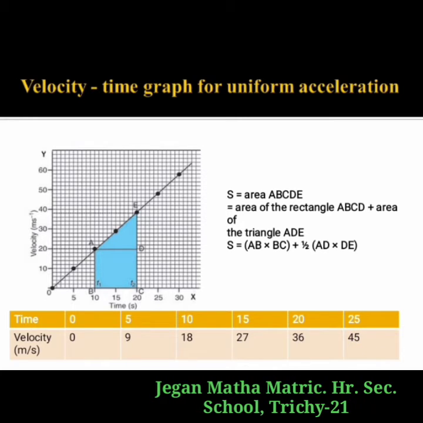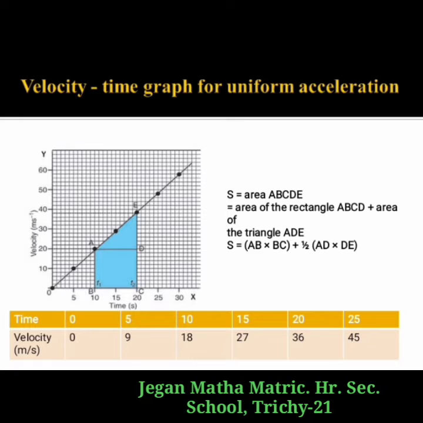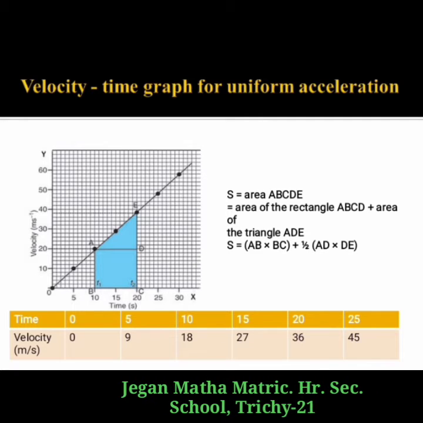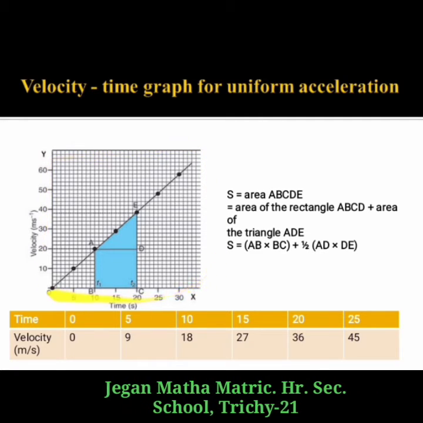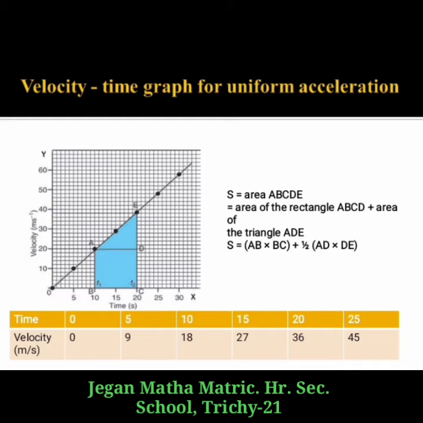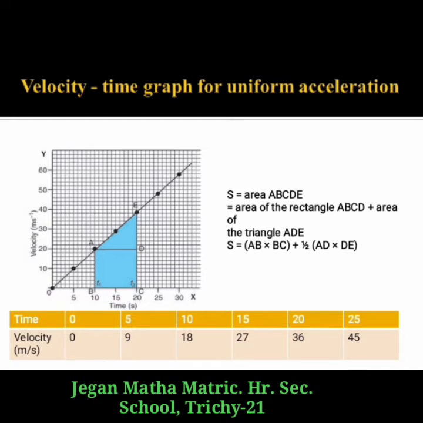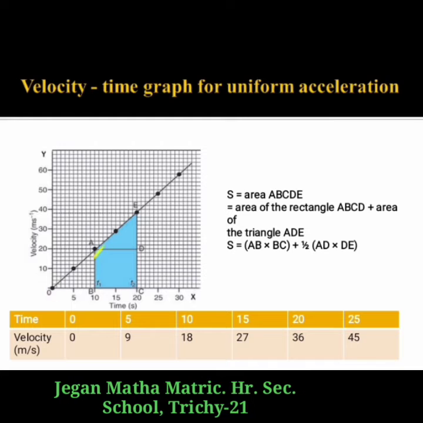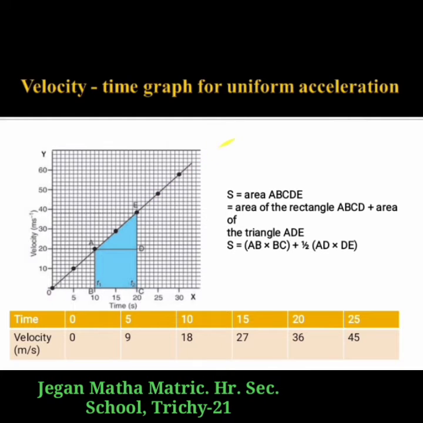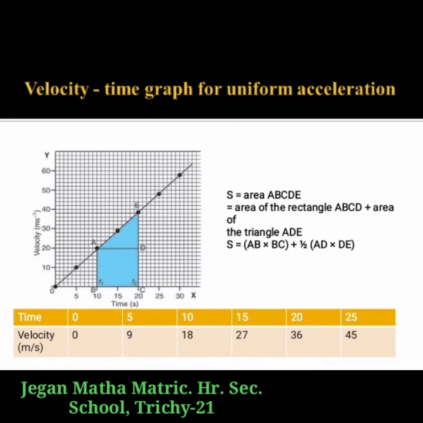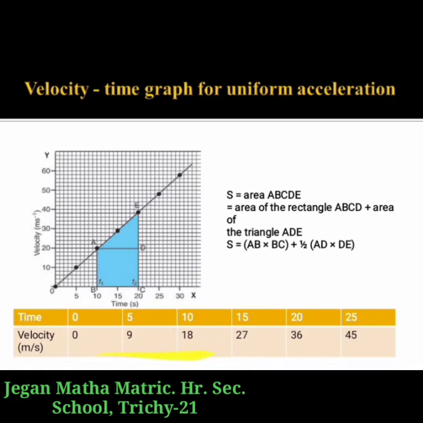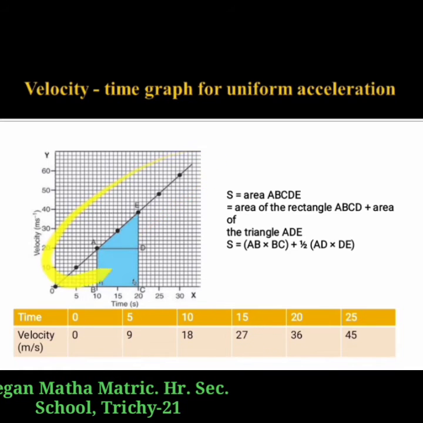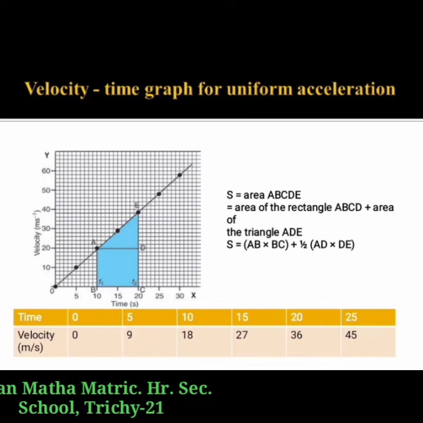The velocity time graph for the motion of the car is shown here. The nature of the graph shows that the velocity changes by equal amounts in equal intervals of time. If we plot the values in the graph, we get a straight line.